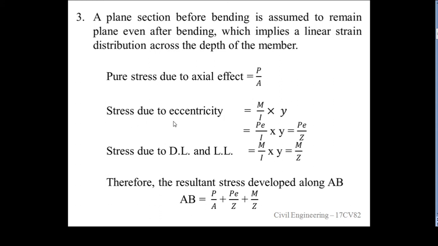Then the stress due to eccentricity: M by I into y, where M is the load into eccentricity, that is, the moment due to eccentricity, giving PE by Z. Z means I by y, the section modulus.